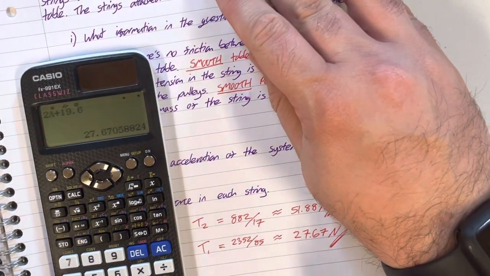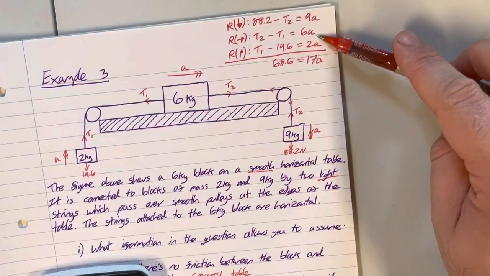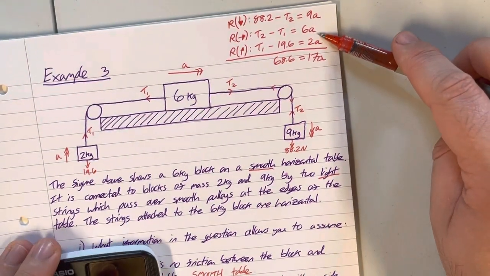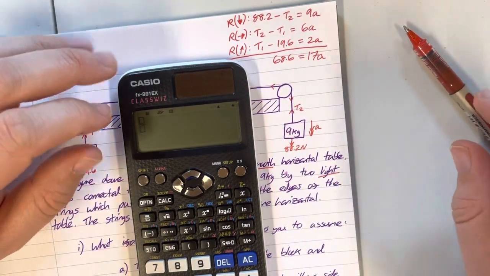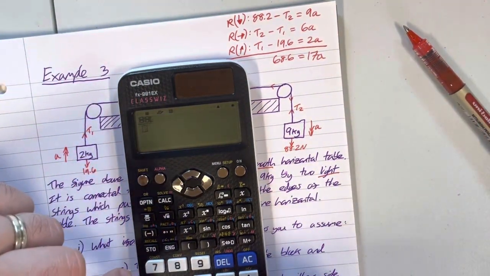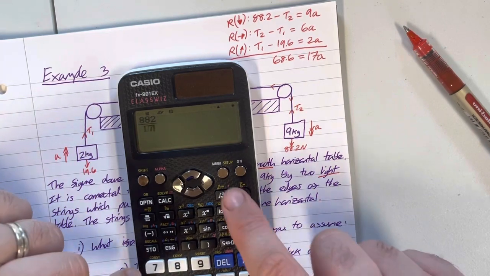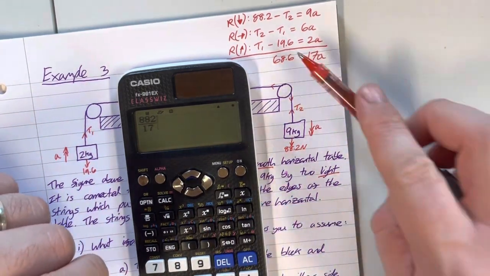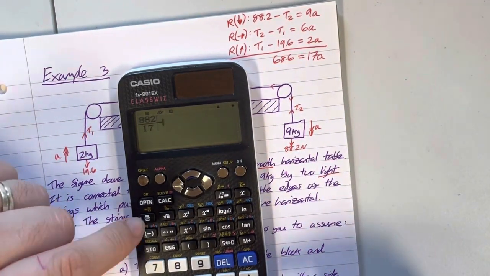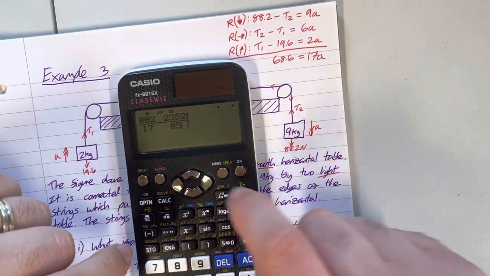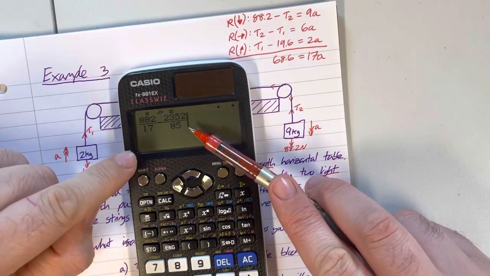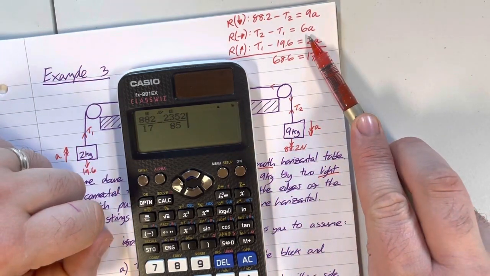We should perhaps check those numbers with the 6 kilogram block, or the middle equation if you like, just to make sure that they are indeed correct. So if I do T2, which was 882 over 17, minus T1, which was 2,352 over 85, that should equal 6 times the acceleration.